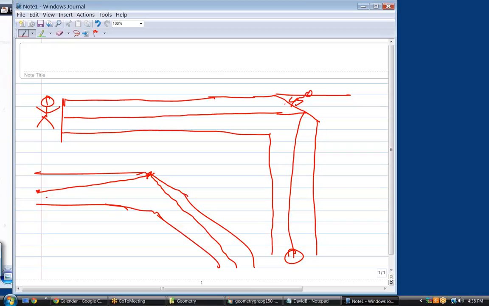Well, the one thing we know in this picture up here is that this angle is the same as this angle, and that this angle is 90 degrees. Okay, so basically I would have to take this side right here, and there's my 90 degrees. What I really need to do is just bisect that angle.